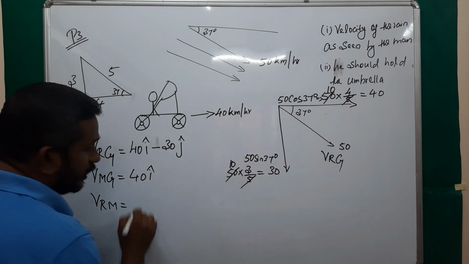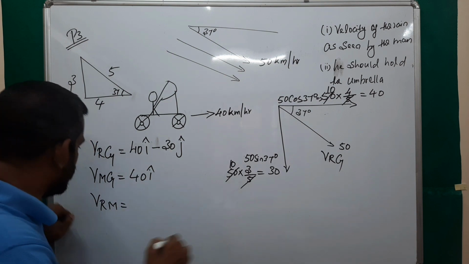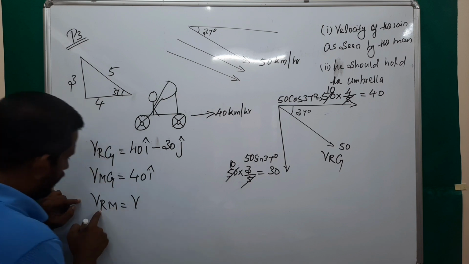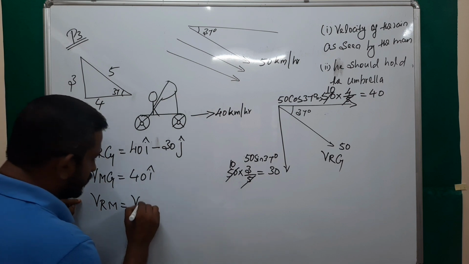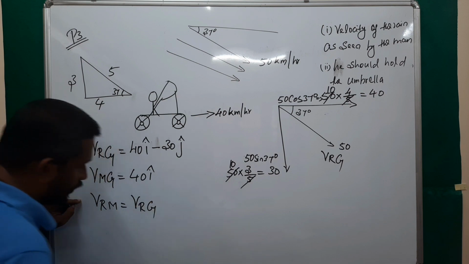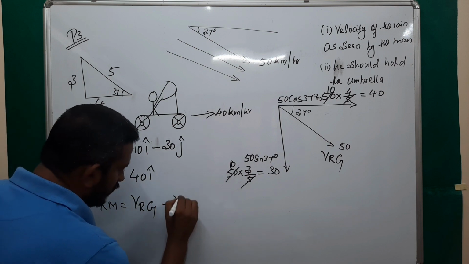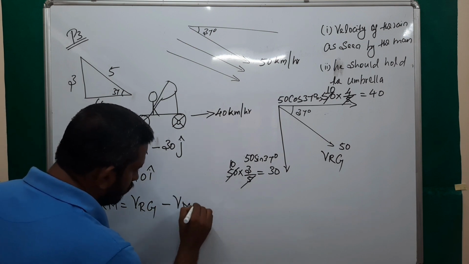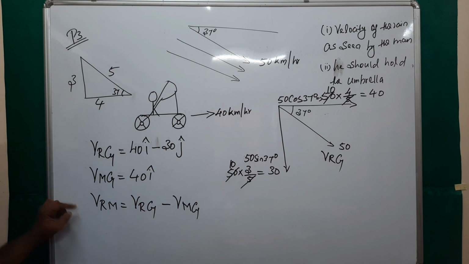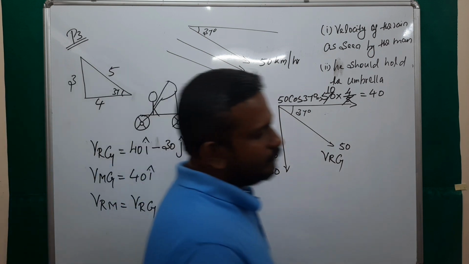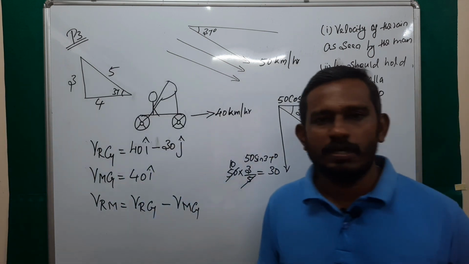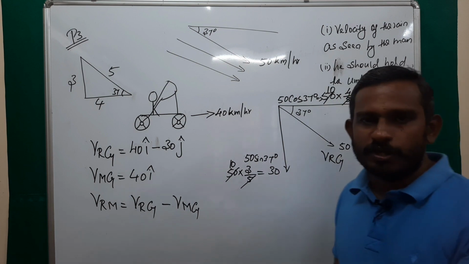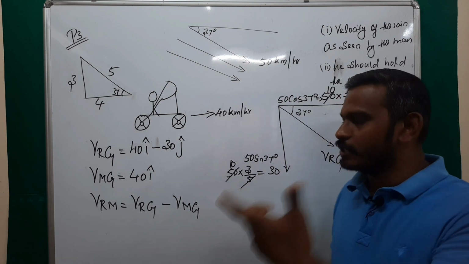So what is the formula? We have studied it: V_AB is equal to velocity of A with respect to the ground minus velocity of B with respect to the ground.